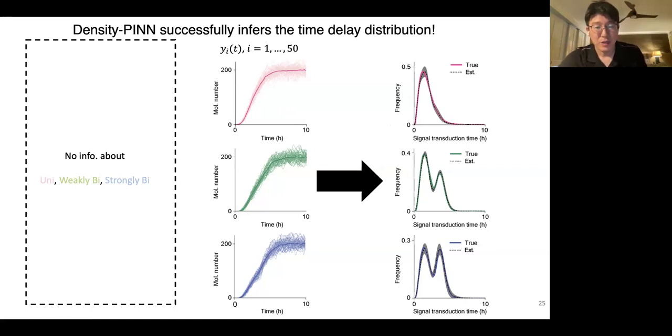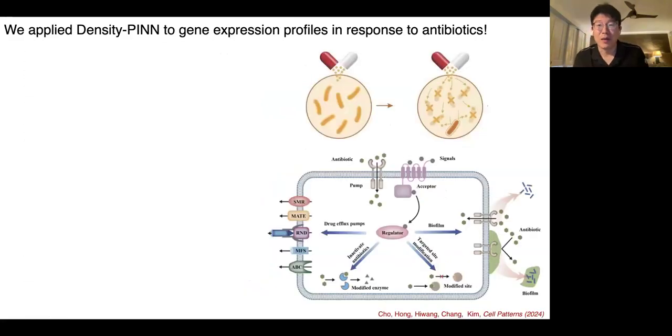Okay. So after we found that this density PINN works successfully for various simulation studies, now we decide to use it for a real biological system. The real biological data we will use is the response time series to antibiotics. As you know, we use antibiotics to kill the bacteria inside our body.